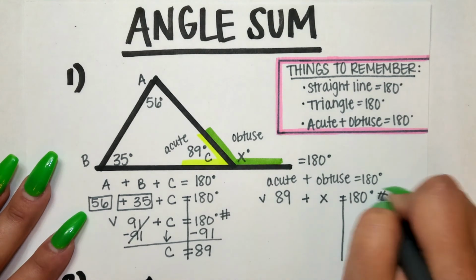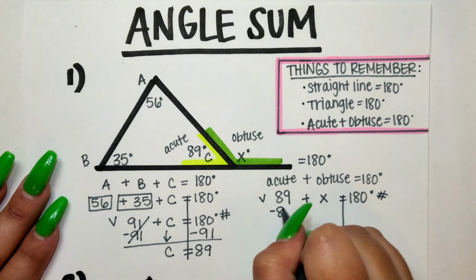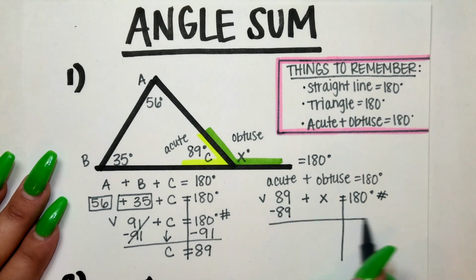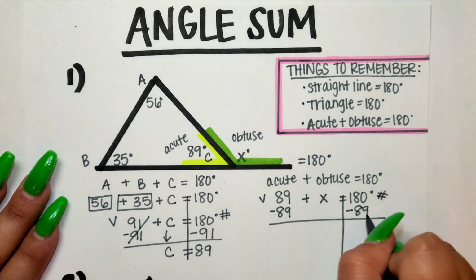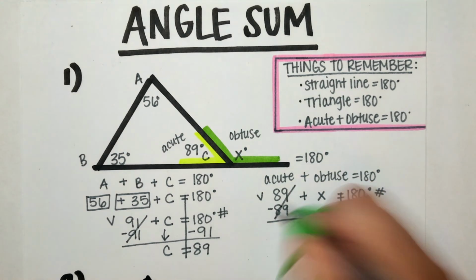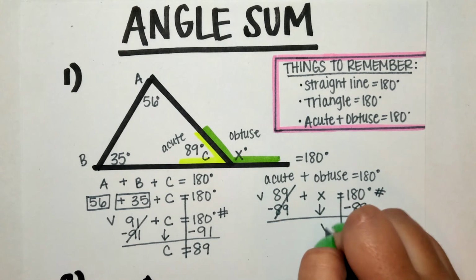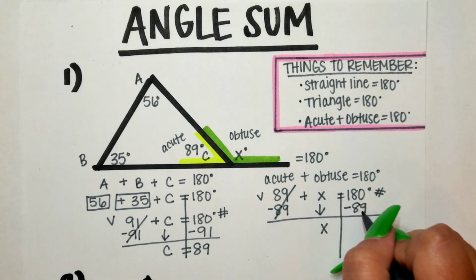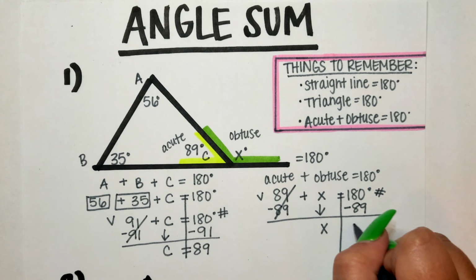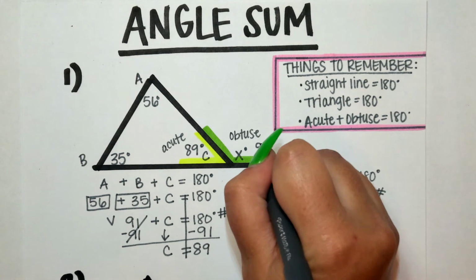This side is my number side. So I want to subtract 89 on both sides so that I can get X by itself. Can cross off my 89s, bring down the X, and 180 minus 89 is 91. So my final answer is 91.